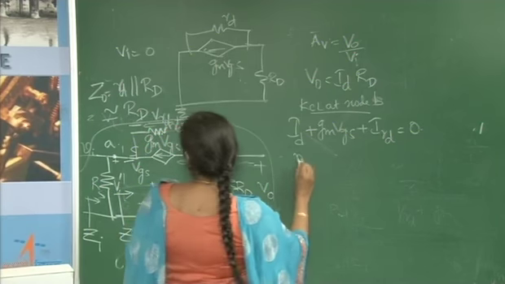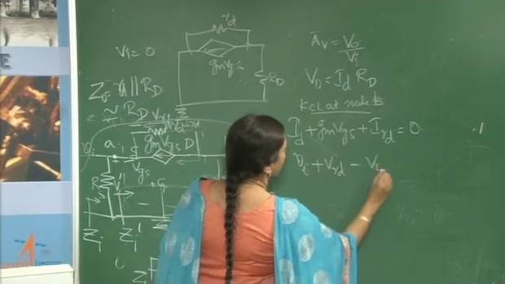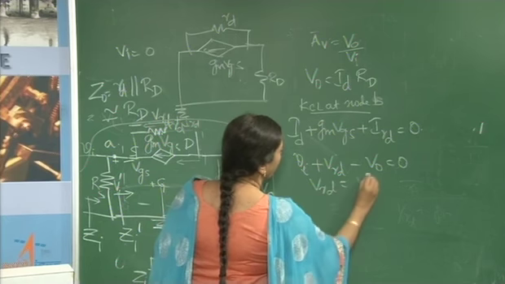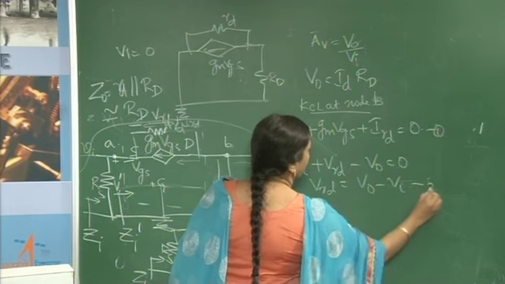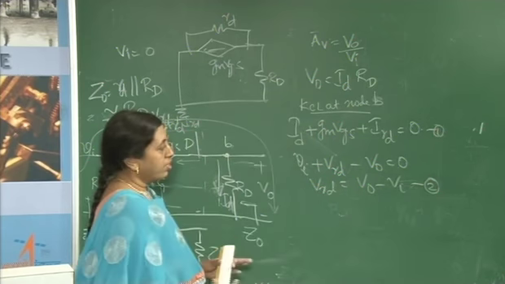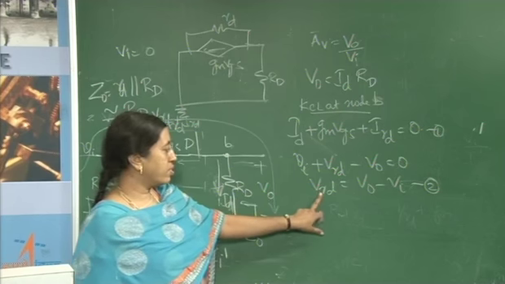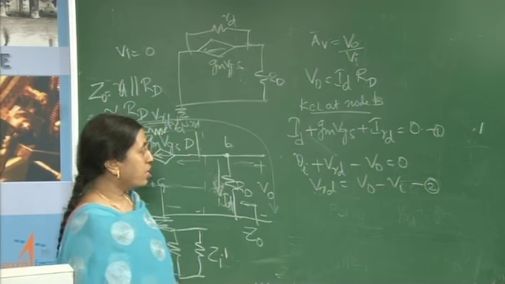So, we will get Vi plus Vrd minus V naught is equal to 0, or Vrd is nothing but V naught minus Vi. So, Ird has to be expressed in terms of Vrd and the value of resistance. So, that is the reason we are finding out the expression for Vrd.